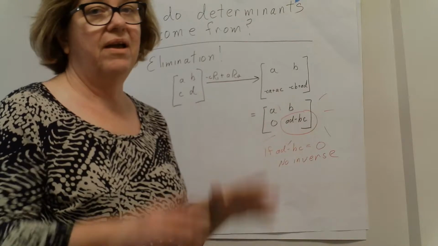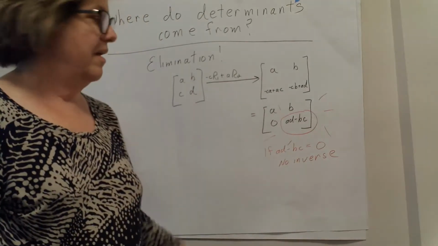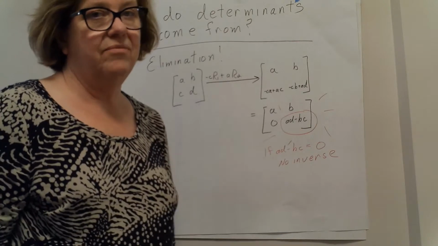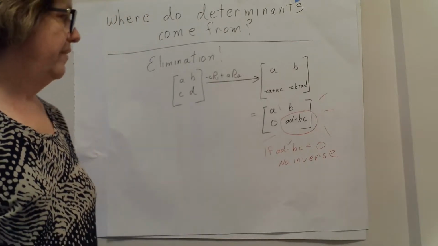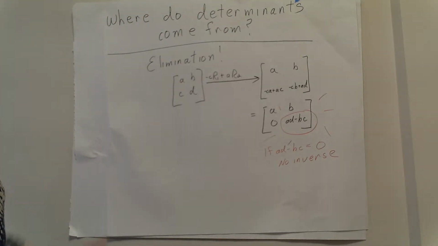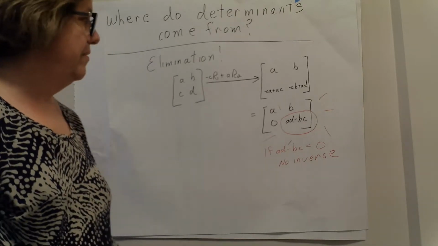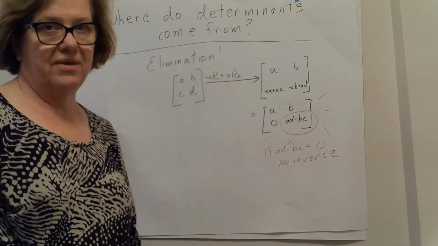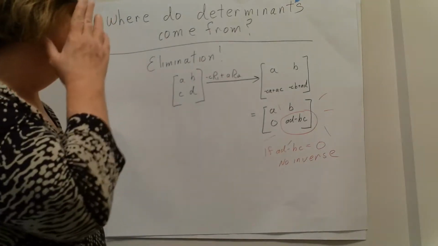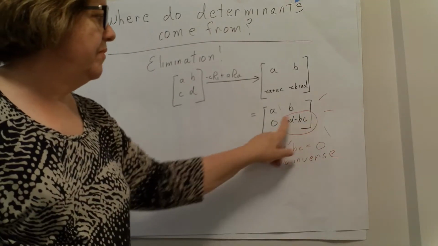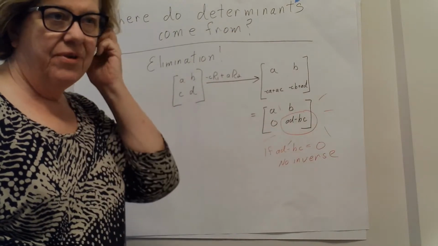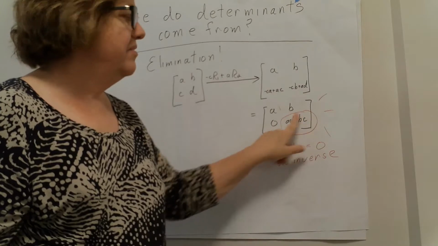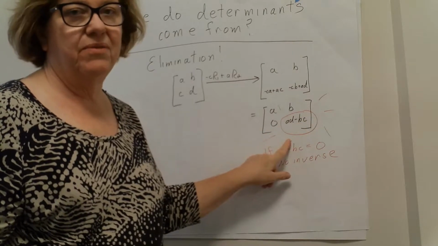Either way, we don't have one unique solution. Therefore, we have no inverse. We can't get an inverse matrix. So that's why the determinant is important. If we know this determinant, we know whether we can get an inverse or not. And it just comes from the fact that every time we calculate a determinant, we're really calculating this last entry, this last pivot.